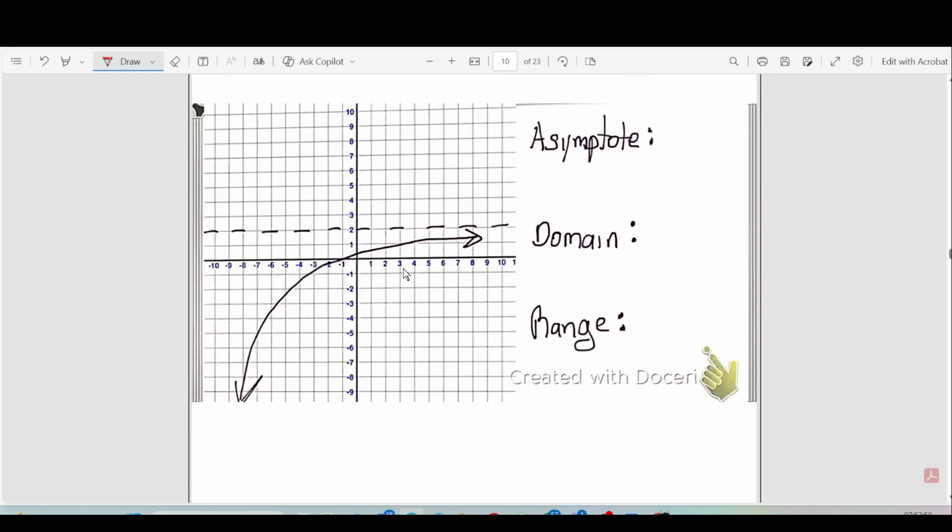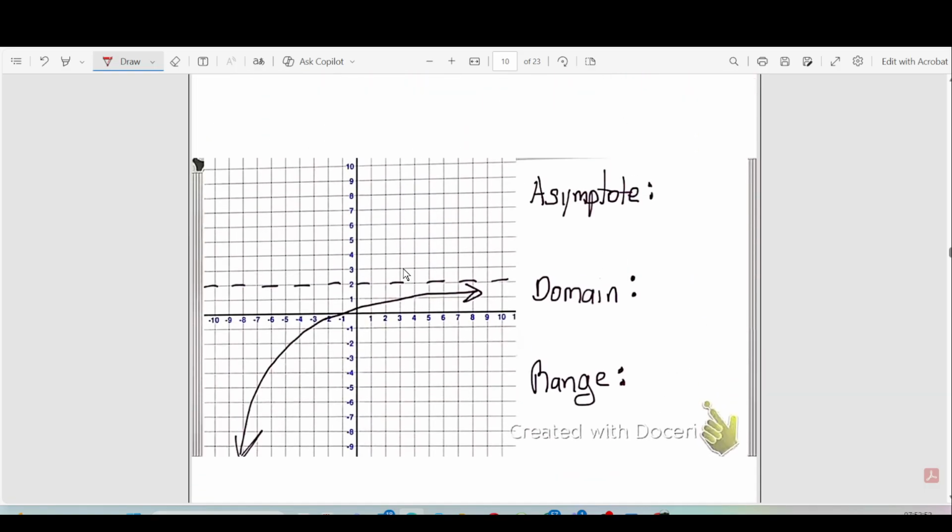Okay, so for this graph, what is the asymptote? So the asymptote would be... and range and domain? Domain would be negative infinity to positive infinity.